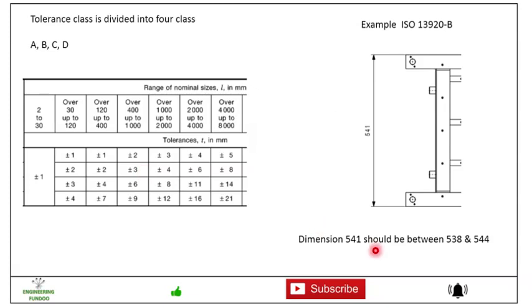So here the dimension 541 should have a lower limit of 538 mm and a higher limit of 544 mm. So this is how the application of this standard is.